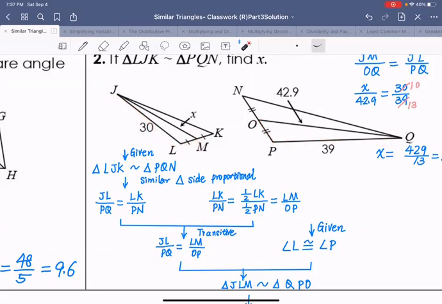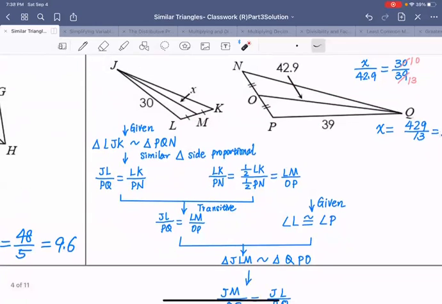Okay. Now, as similar triangles, your corresponding angles are equal, correct? Yes. Now, you have JL over PQ equals LM over OP. At the same time, you have your angle equal. Do you have these two triangles similar?